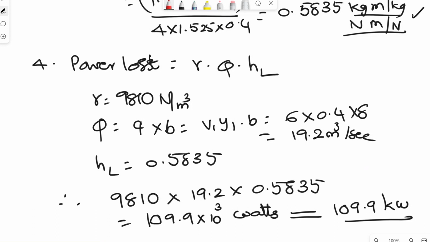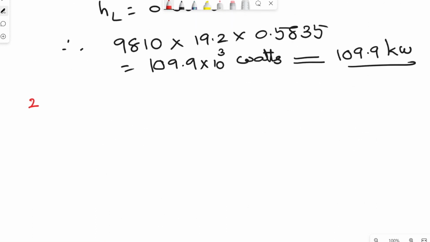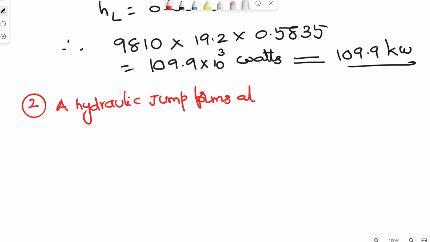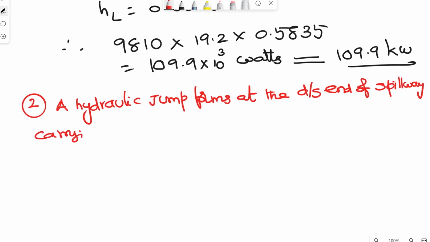Actually, I will take you to the second question. Second problem: a hydraulic jump forms at the downstream end of a spillway carrying 17.93 meter cube per second discharge.